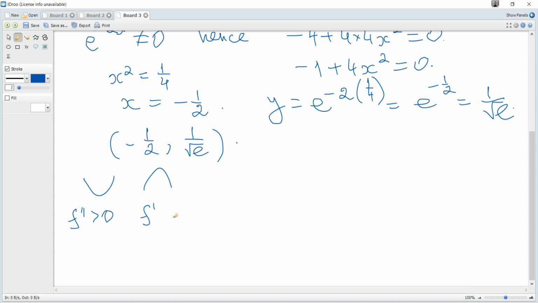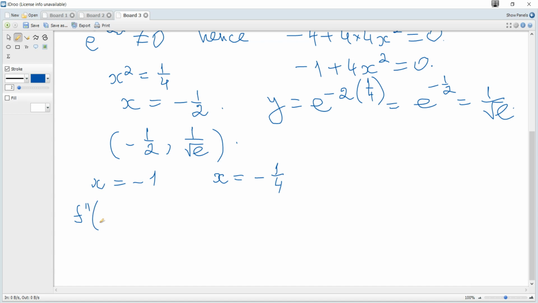So to show that the function changes its concavity at x equals negative a half, we can consider a point a bit to the left, for example negative 1, and to the right, for example negative 1 over 4.